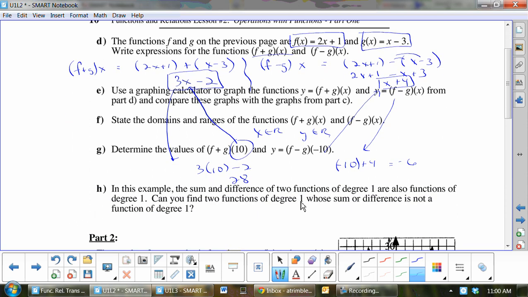So the question is, if you have two functions of 1 degree whose sum or difference is not of degree 1, can you get this? Is it possible to have two equations of 1 degree not produce an answer of 1 degree? Is it possible?